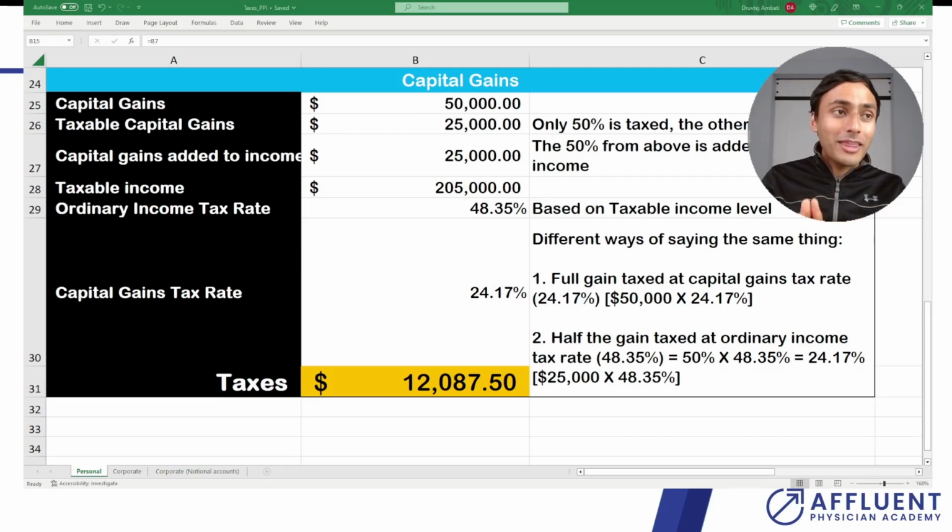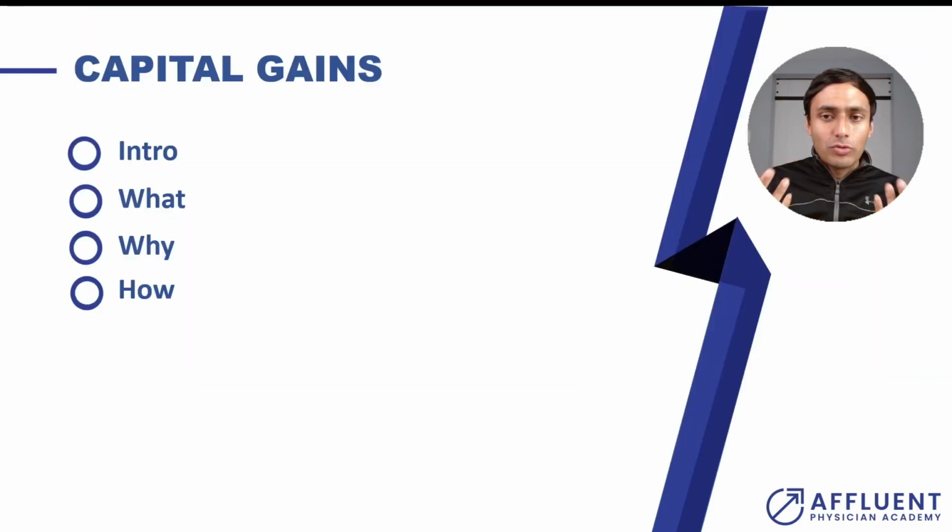So you could say the same thing in two different ways over here. But it's important to realize that the tax rate is not 50%. 50% of the gain is taxed at whatever tax rate is determined based on various calculators. So hopefully you find that useful.